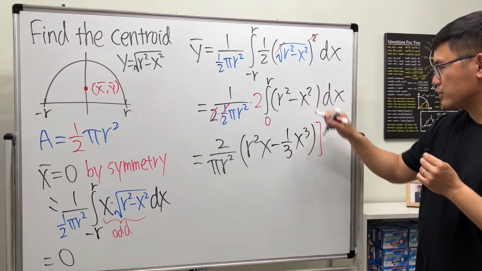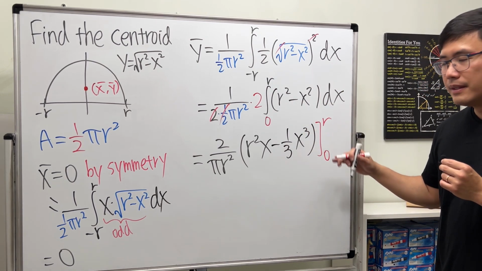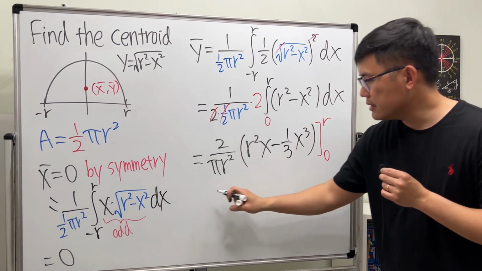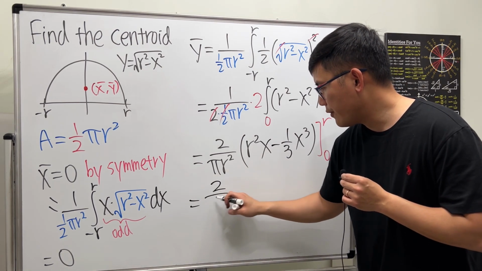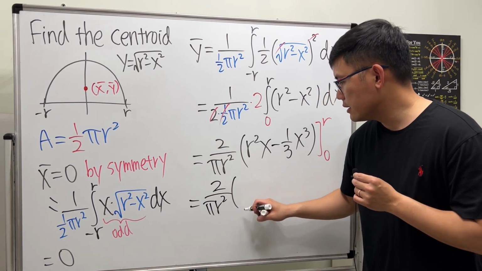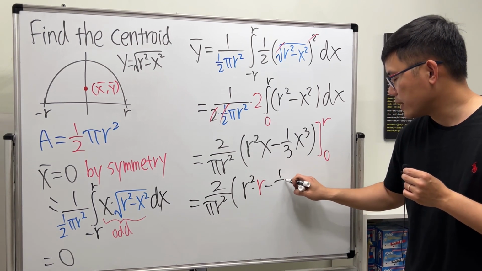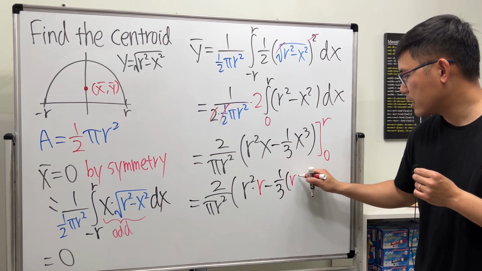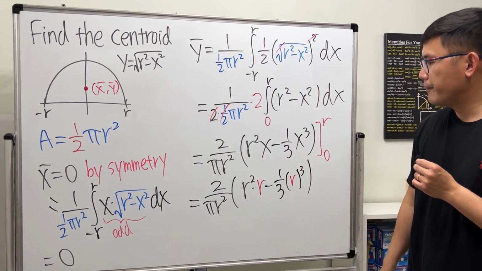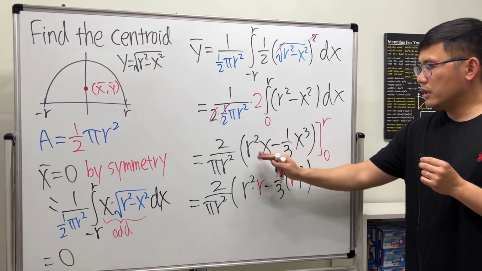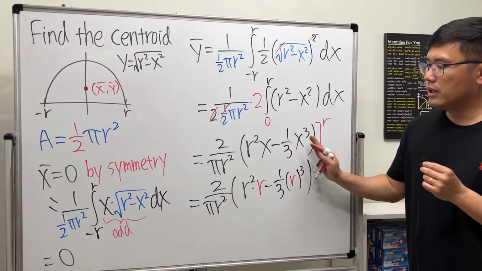And then we go from 0 to r. Plugging r into all the x's, we get 2 over pi r squared. And then we have r squared times r minus 1/3 times r to the 3rd power. When we plug in 0 into here, it's 0. Plugging 0 into here is 0. Everything is 0.